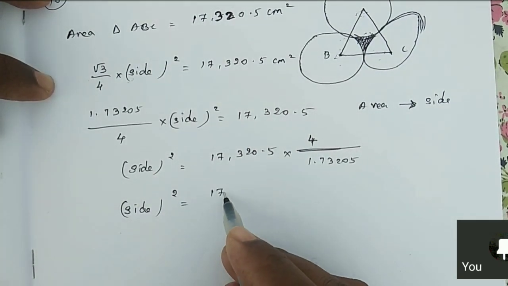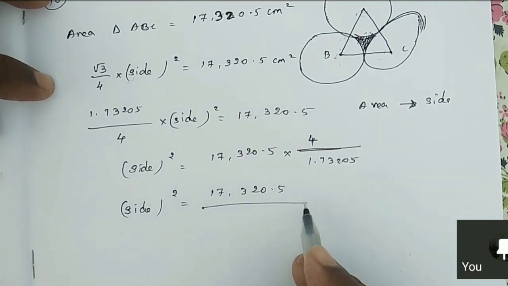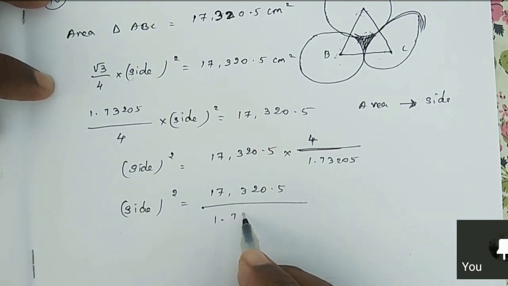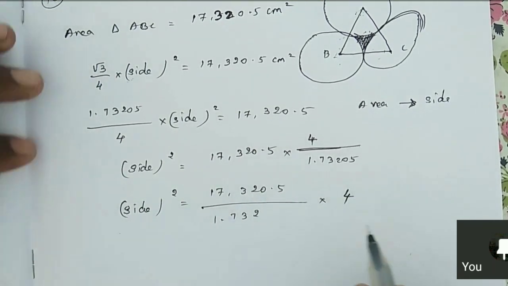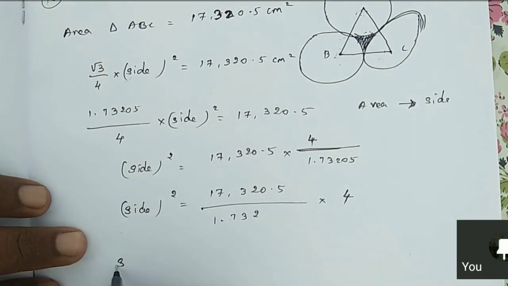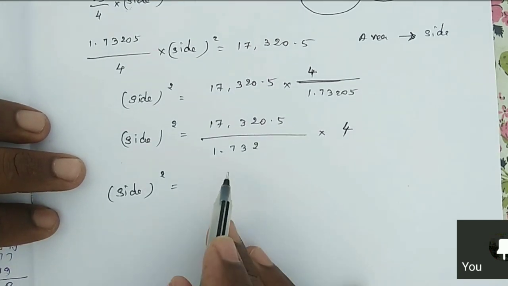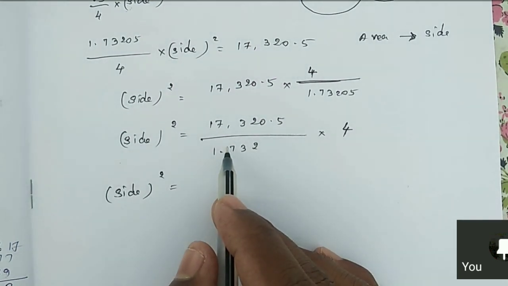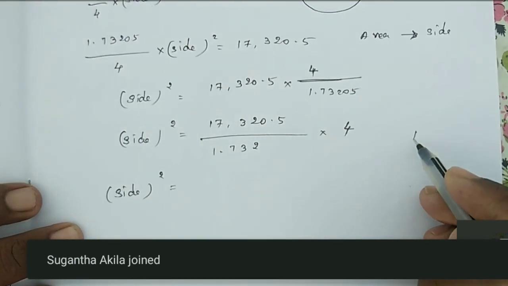Side square is equal to 17,320.5 divided by 1.732 into 4. Now you should divide it. What will you get? Cancel by the normal term. When you are cancelling this, you will get 1000.